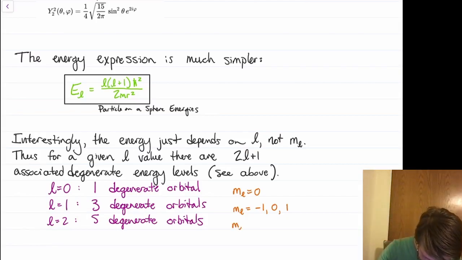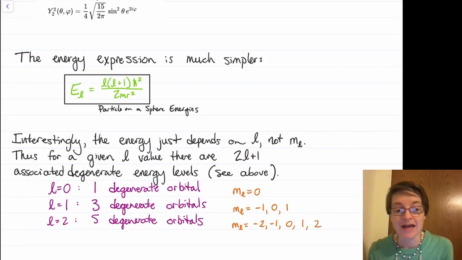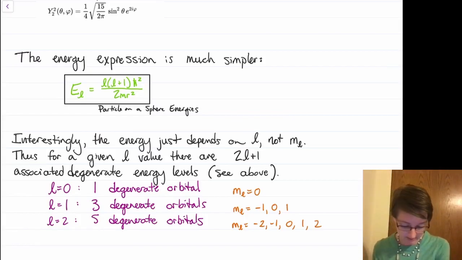And as my last example, if L is equal to 2, m sub L can take on any value between negative 2 and positive 2, and that gives me a total of 5 orbitals that are characterized by their various quantum numbers that all have the same energy at this L equals 2 value. Sounds kind of familiar. S, p, and d orbitals are going to be showing up in our near future.